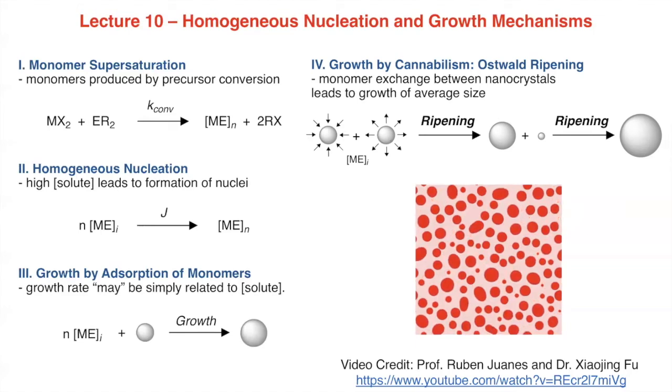Occasionally you'll see two circles fuse together to make a new one, but at this stage there's very little fusion happening, and you can see some of those circles are getting larger and some of them are getting smaller. Basically they're trading monomers. And the average size is increasing and the number of crystallites is dropping at the same time.